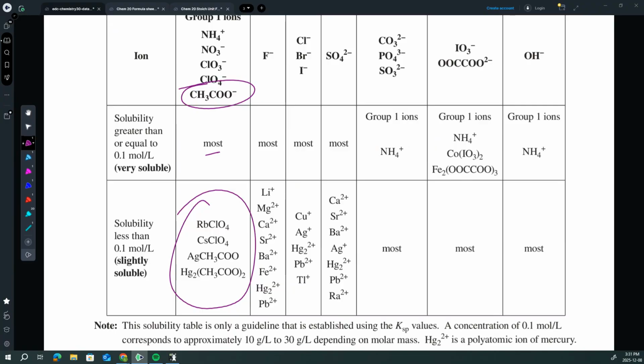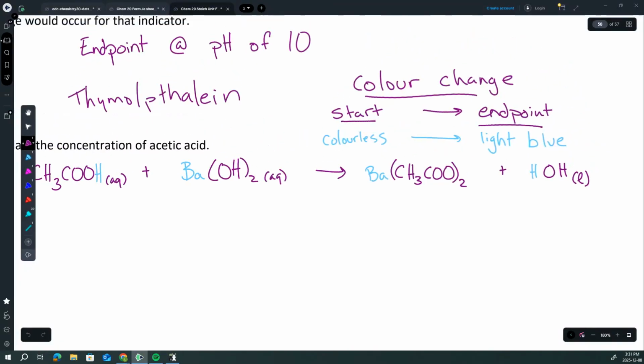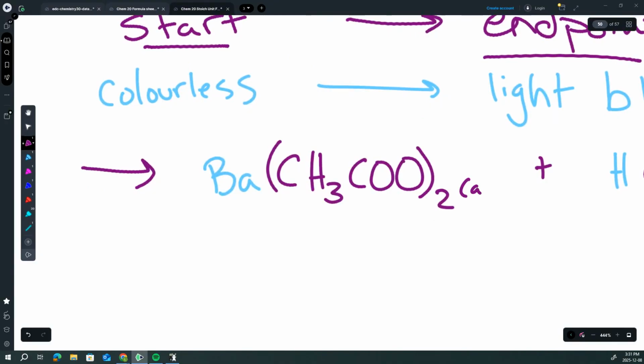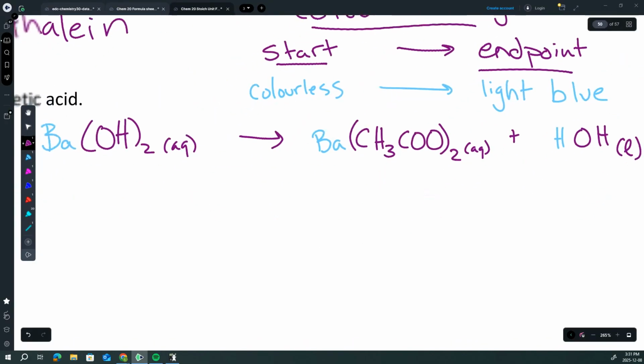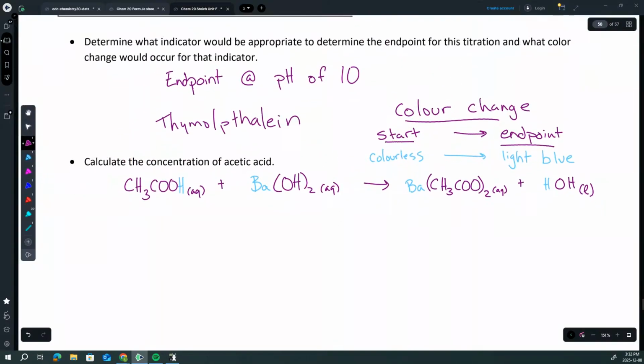Barium acetate isn't part of our exceptions, therefore it's going to be soluble in water. Now that we have the states all done, let's make sure this is completely balanced. We have 1 acetate ion coming in, 2 acetate ions coming out, so I need to write a 2 coefficient in front of this.